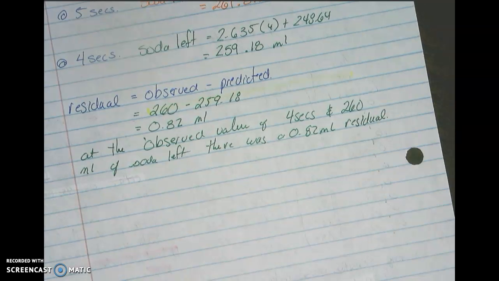So when it's asked to report and interpret, that's all we got to do. You're just reporting and interpreting the numbers, and all that interpreting means is you're putting the units down. Milliliters, seconds, you're done. No fluff. No fluff. Okay?